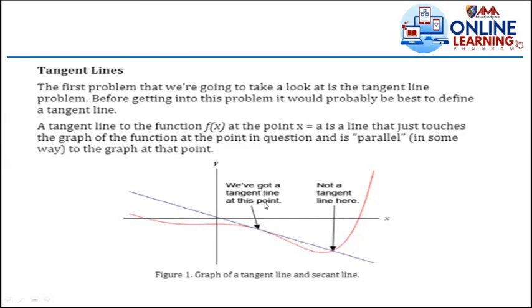So when we say tangent line, we have a line that just touches the graph and the line is parallel to the given graph. Okay? If this is your point 2, it says not a tangent line here. Because when we look at it, our graph is not parallel with the line. It is perpendicular. Okay? So it says not a tangent line.